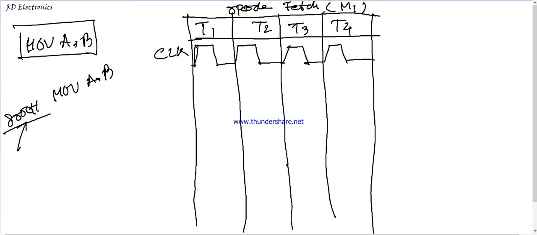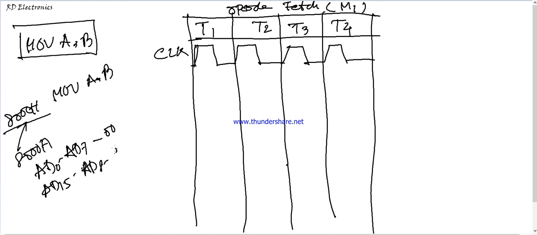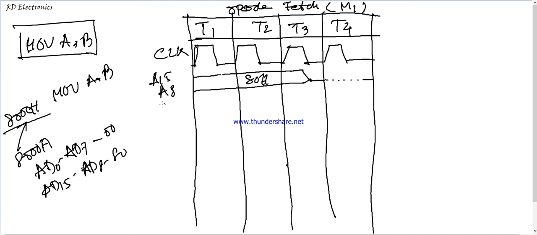So now for this 800 hex location, the lower order address and data bus contains 00, and the higher order address contains 80. From A15 to A8, these address bus lines operate for 3 states, and the content is 80 hex.